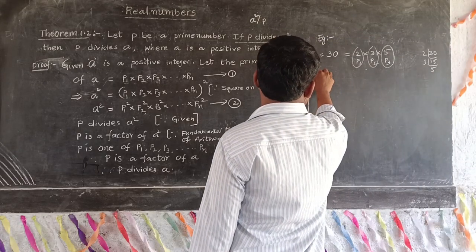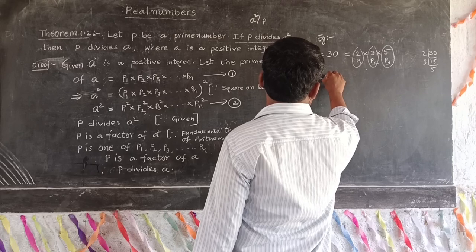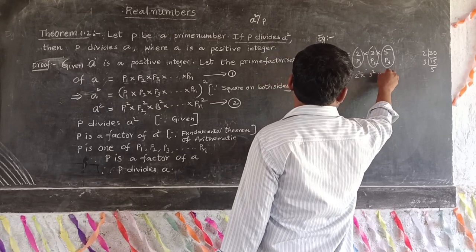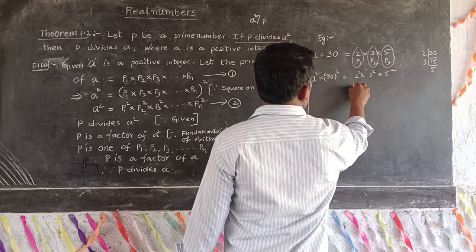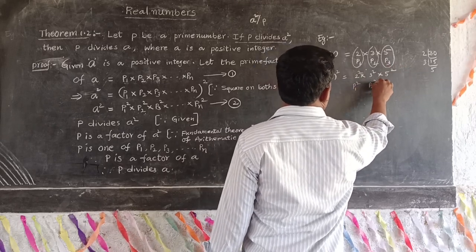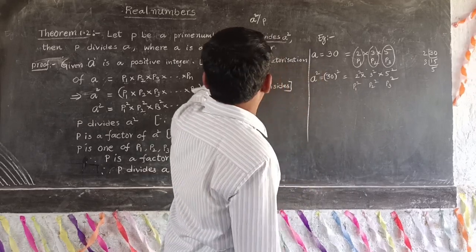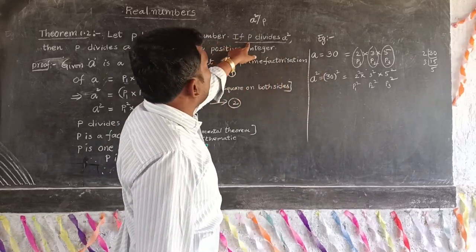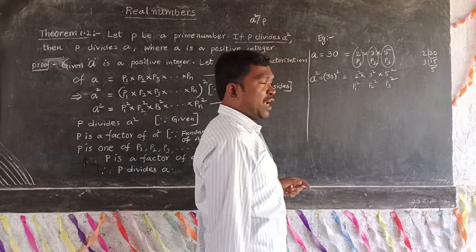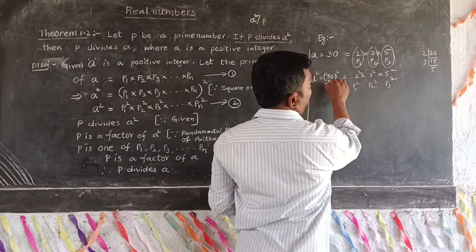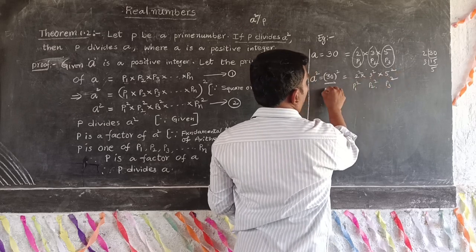Next, A square equals 30 whole square. That means 2 square, 3 square into 5 square, so P1 square, P2 square, P3 square. Already given that P divides A square, where P is a prime number, a factor of 30: 2, 3, 5.